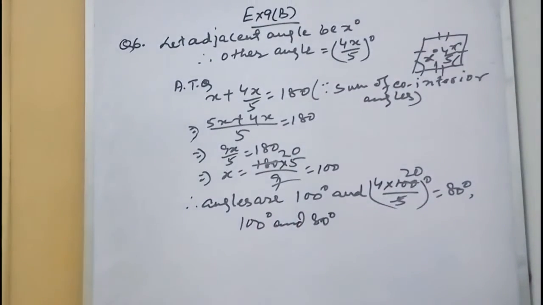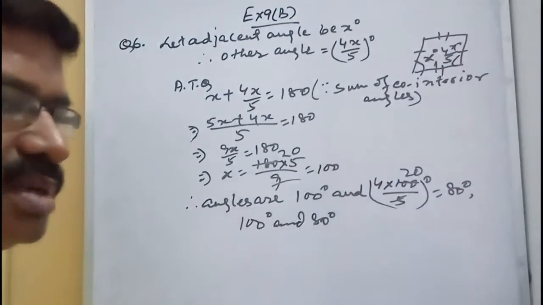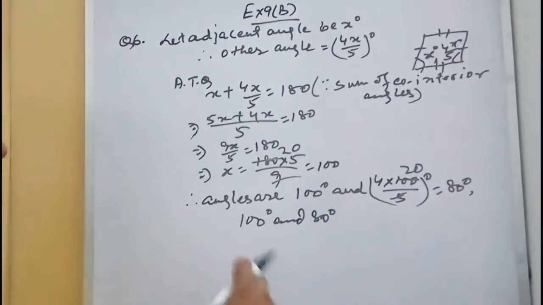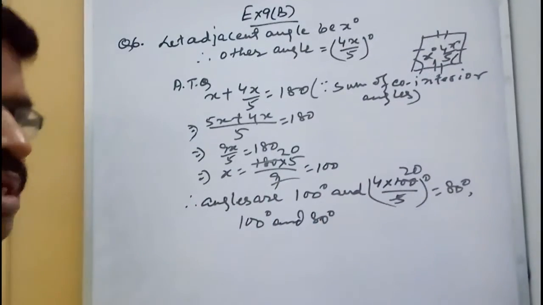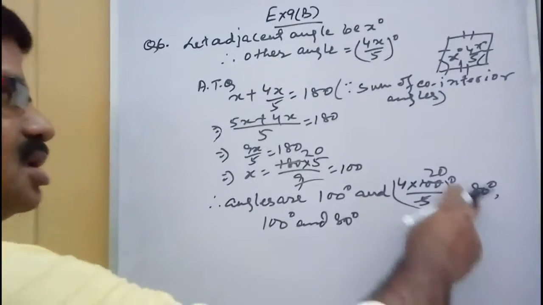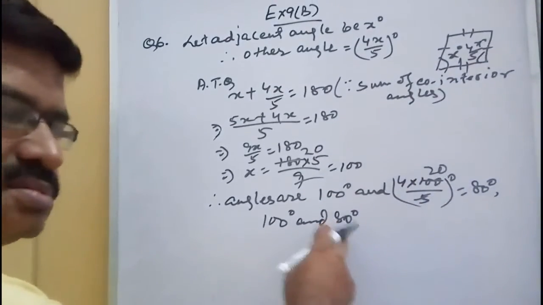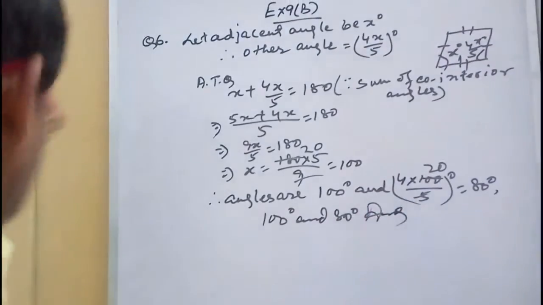So these are the angles of the parallelogram. Because opposite angles of a parallelogram are equal to each other, therefore if one is 100, opposite of it is also 100. Another angle is 80 degrees, opposite of 80 degrees also 80 degree. So this one is the answer.